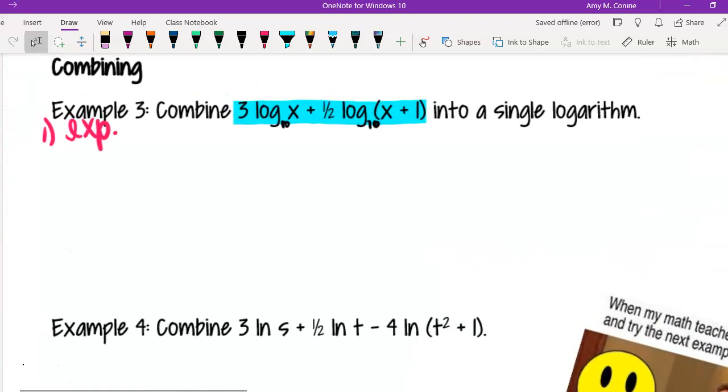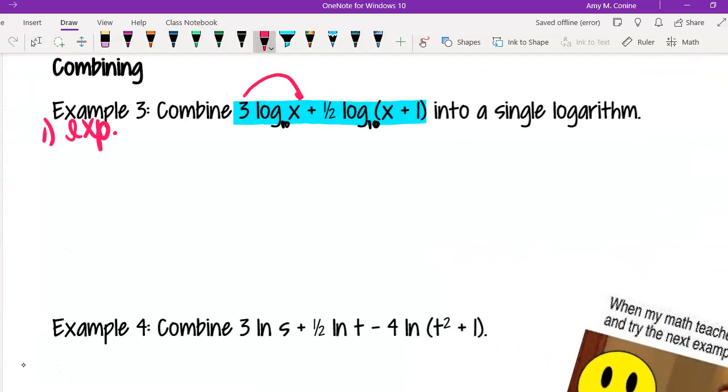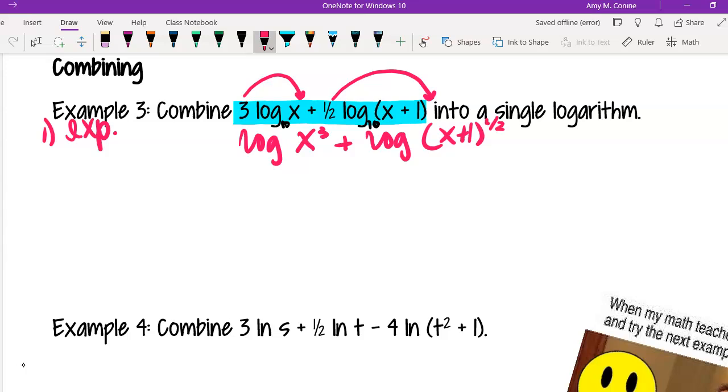I have this 3 that can be brought up, and I have this 1/2 that goes to the entire group in the parentheses. So now I should have log, and we don't have to write the base 10, of x to the 3rd plus log of x plus 1 to the 1/2.